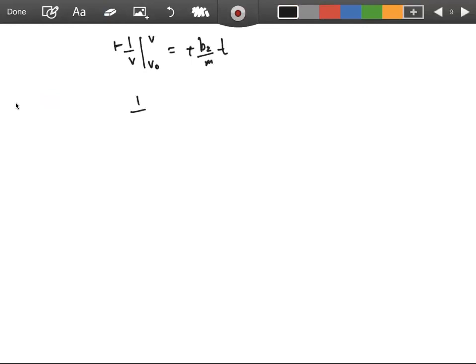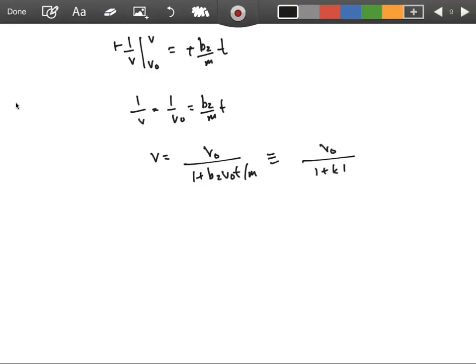So I get 1 over v minus 1 over v initial equal to b2 over m times t. Let's solve this for v. What I finally get is that the velocity is equal to the initial velocity divided by 1 plus b2 v0 t over m, which I'm going to define as v0 over 1 plus k times t, where k is equal to b2 v0 over m. This is just a new constant that I'm defining.